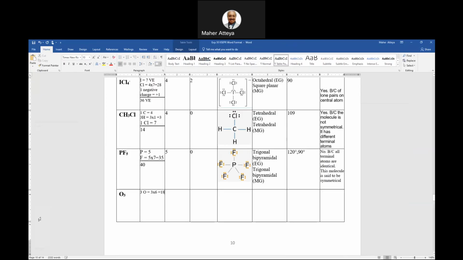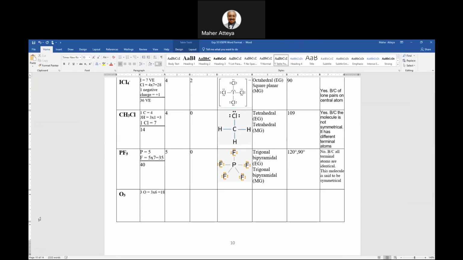Okay, guys, 3 multiplied by 6. Oxygen is in the 6th group, so valence electron is 6. That's 18. So ozone will be 1 in the middle, 2 terminals. I can tell you the molecular geometry will be bent. Suppose you have a problem drawing it: you put 1 in the middle, and try to make single bonds first.